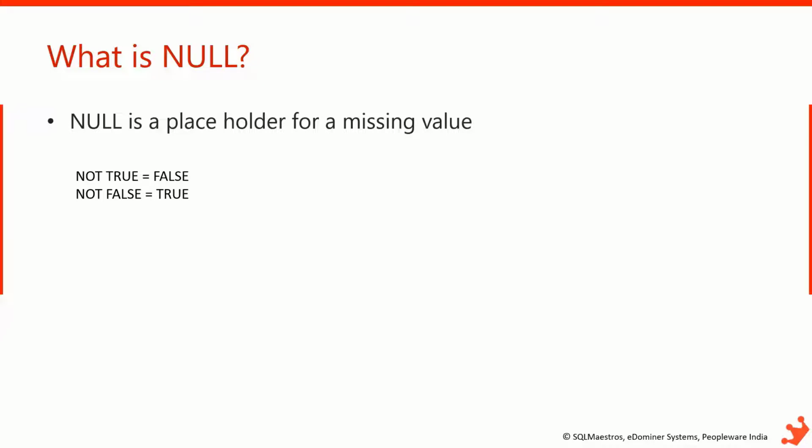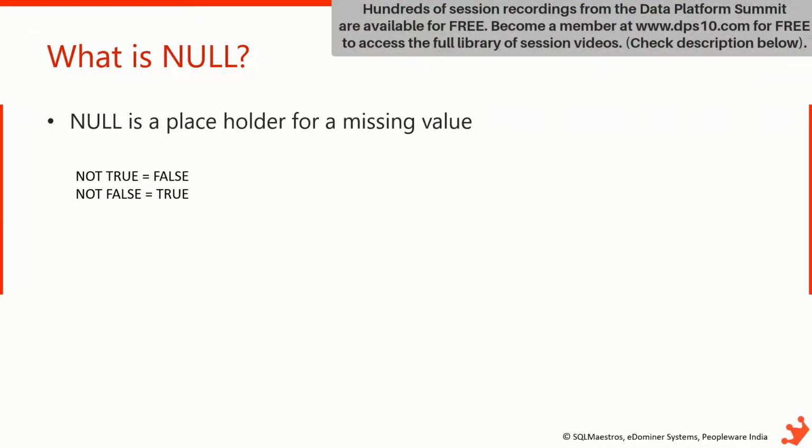Sometimes you may say not bad, which means it's somewhat good. In SQL Server, not true is false and not false is true, but in the case of unknown, the opposite of unknown is still unknown. We cannot say the opposite of unknown is not unknown, right? So the opposite of unknown is still unknown.